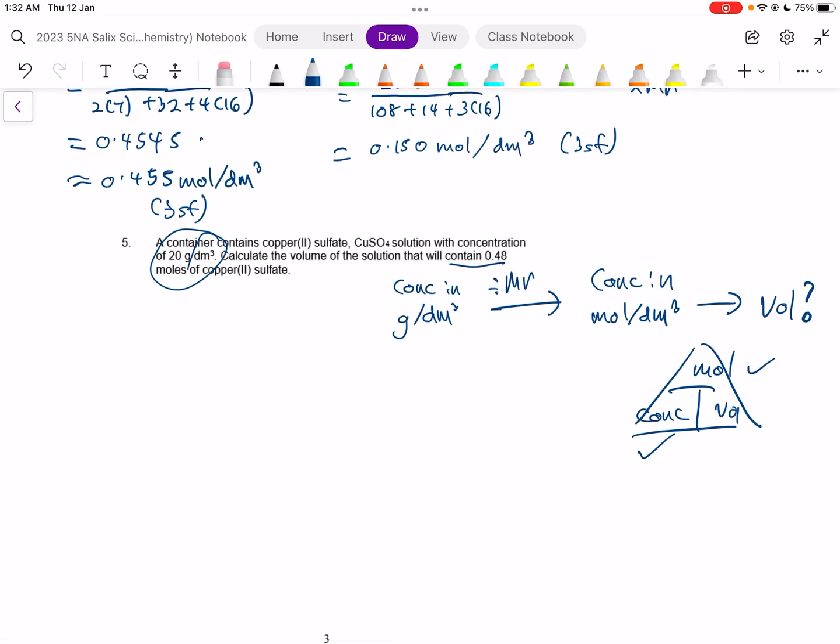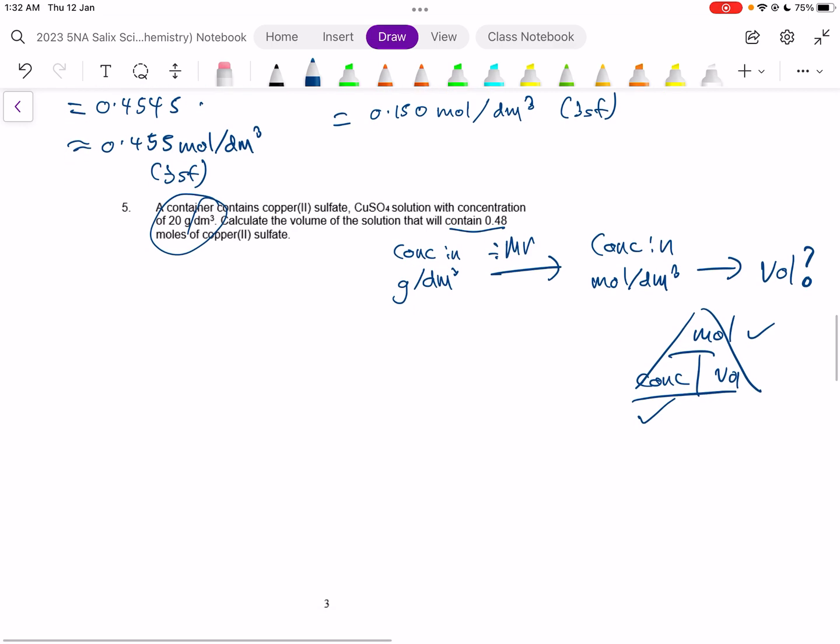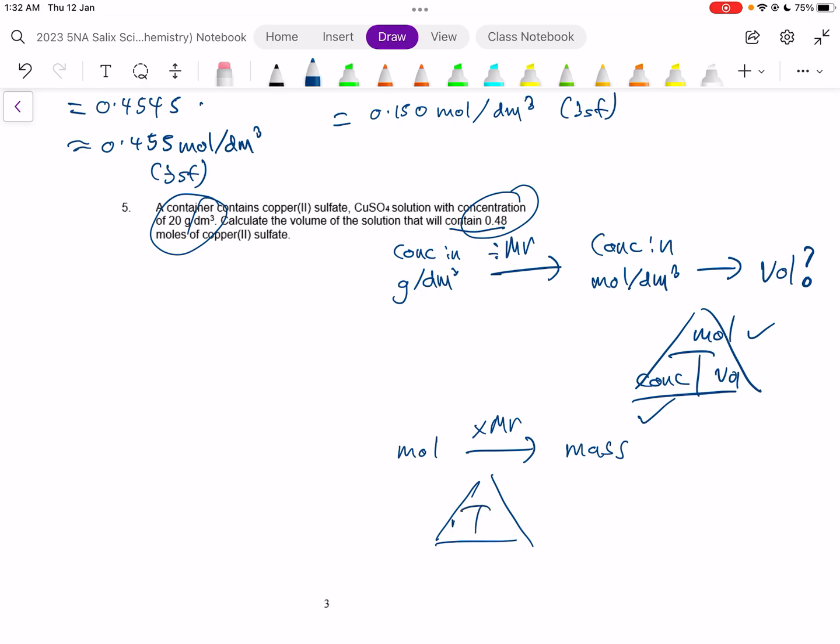The other way you can do it is this. You are given the number of mole of your copper 2 sulfate, 0.48. Then you change it to the mass first by multiplying by Mr. This one you should know very well, from O level you learned.